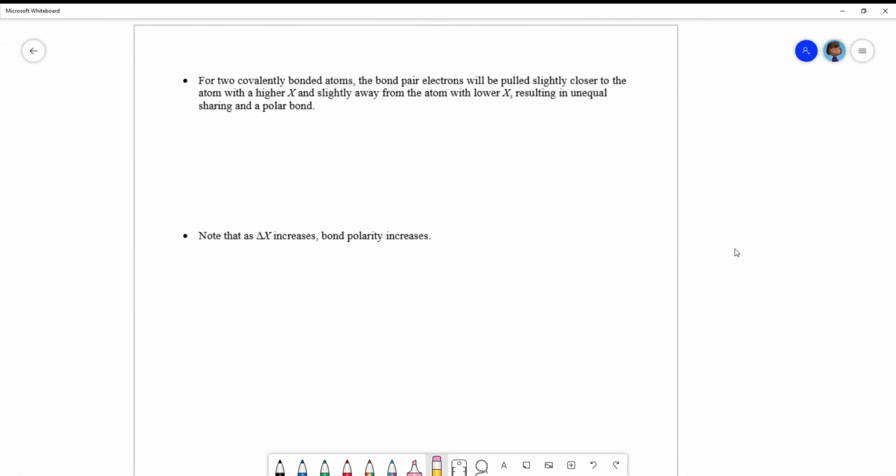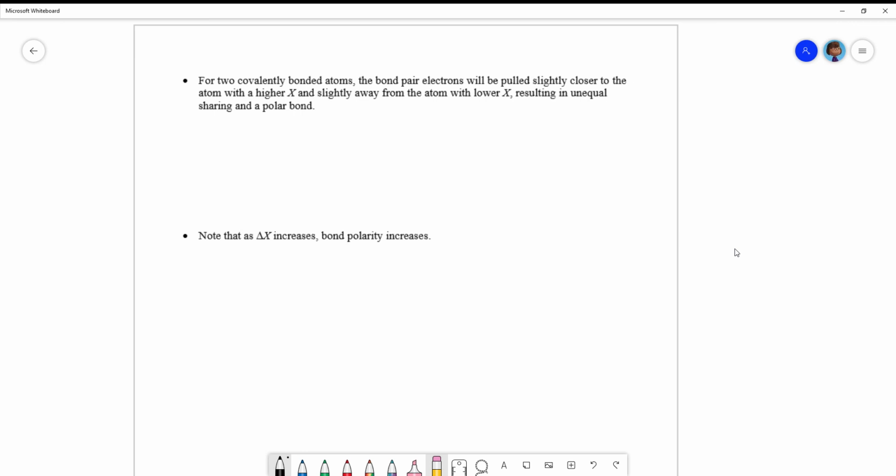And here's our answer. As it turns out, for two covalently bonded atoms, the bond pair electrons will be pulled slightly closer to the atom with a higher electronegativity and slightly away from the atom with a lower electronegativity, resulting in unequal sharing and a polar bond.